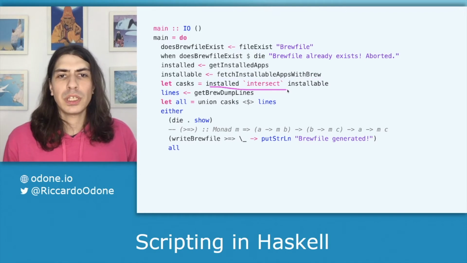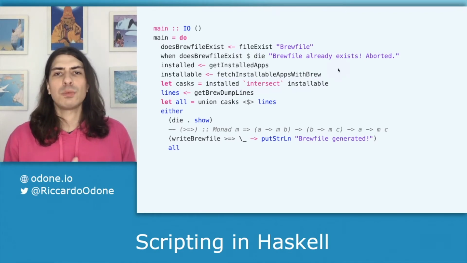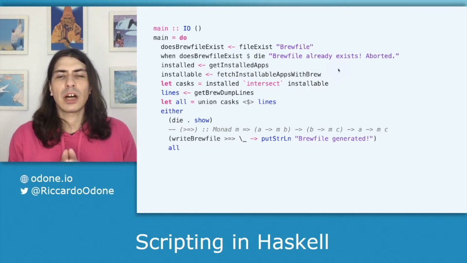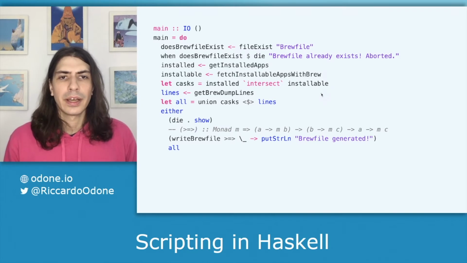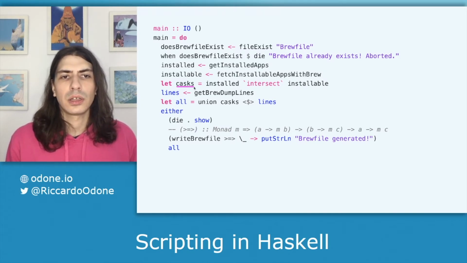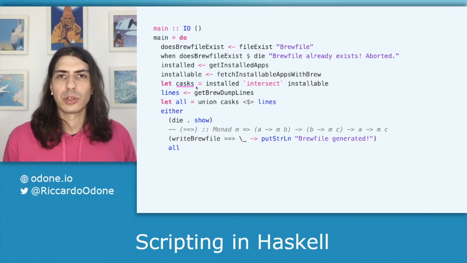At this point, we take the intersection, which means we are going to take out of all of the apps that are installed on the operative system, what could be installed by Homebrew. And in the Homebrew lingo, those are called casks.